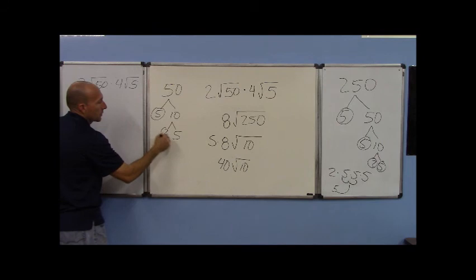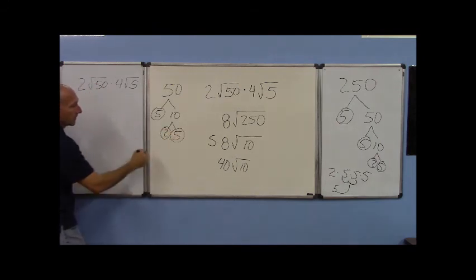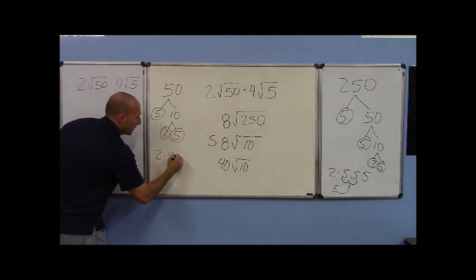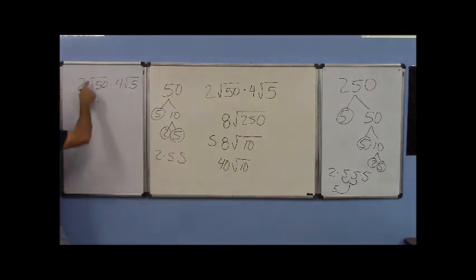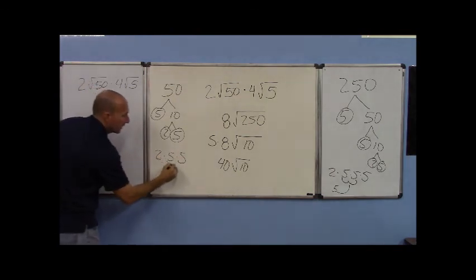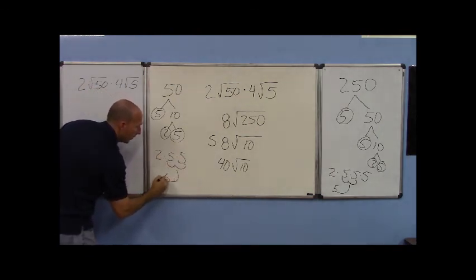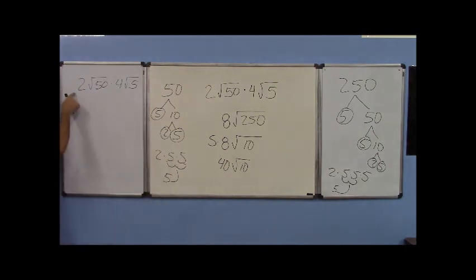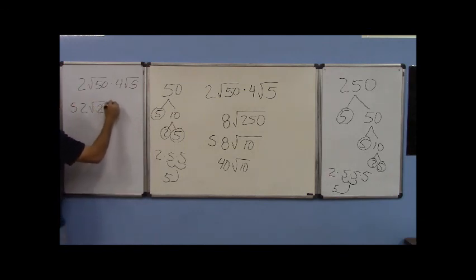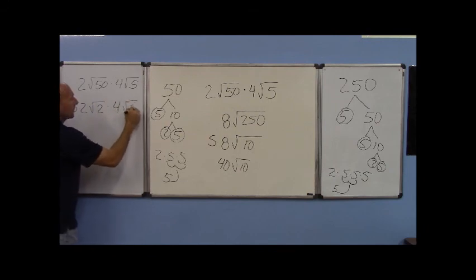Okay, so let's circle our leaves. We have 2, a 5, and a 5. Our index is telling us we have to have 2. Well, we have 2 5s right here. They'll come out to make 1 5. And we can multiply that out here. So we have 5 times 2 times the square root of 2 times 4 to the square root of 5.